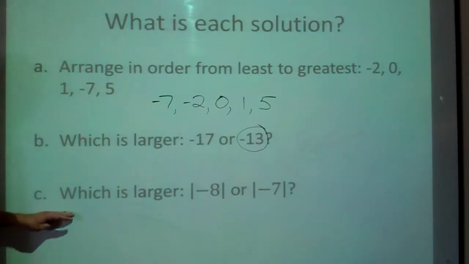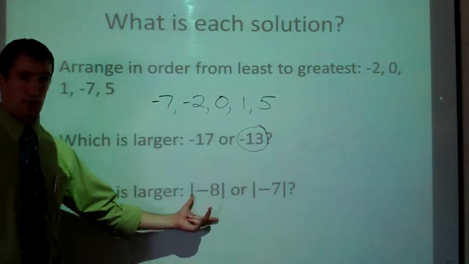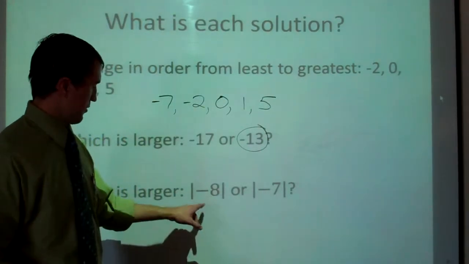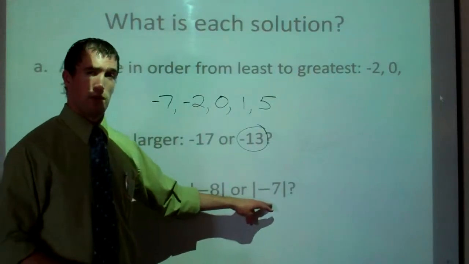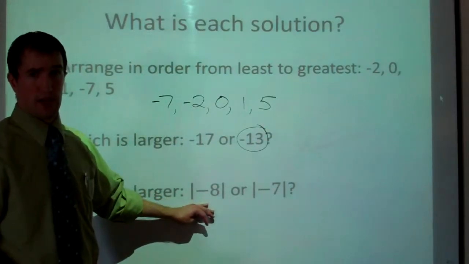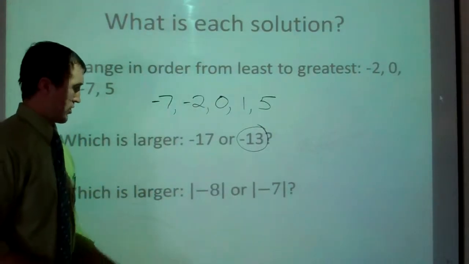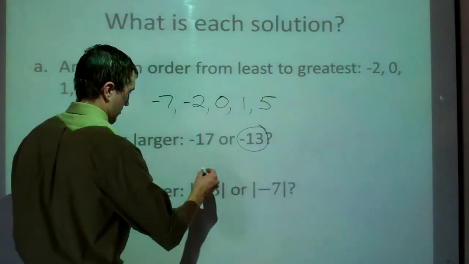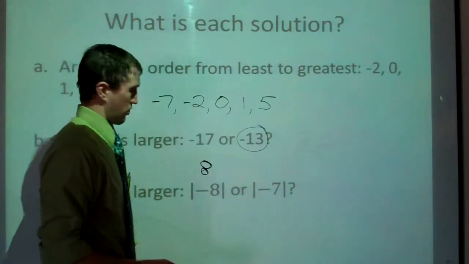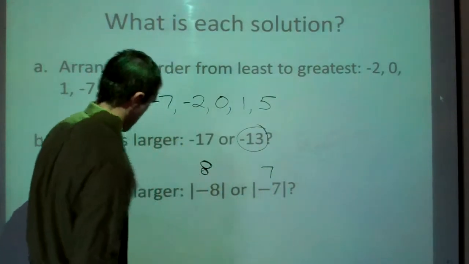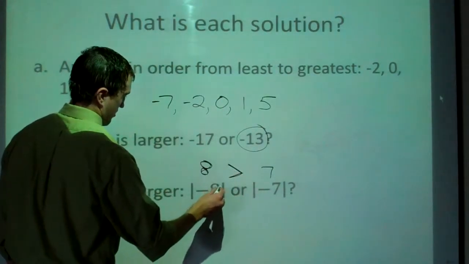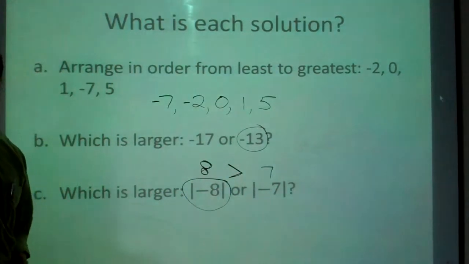And if we look at C quick, which is larger, absolute value of negative 8 or absolute value of negative 7? Well, after we use our absolute value, we'll have to answer that. So, negative 8 comes out positive 8. Negative 7 will come out positive 7. Which one's larger? 8 is. So this would be the larger one of those two.